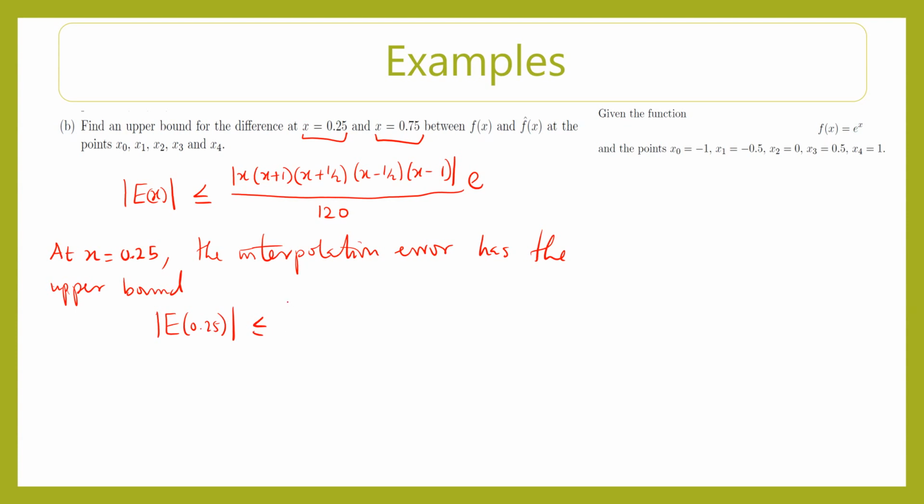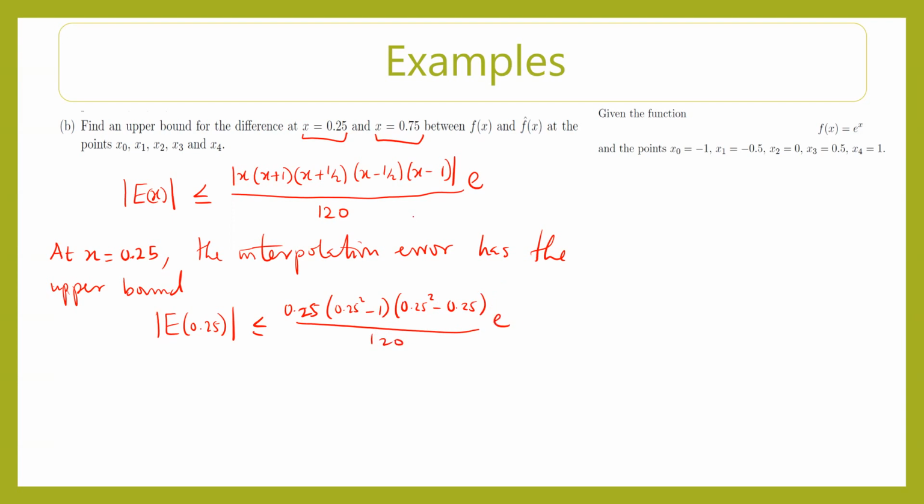Less or equal to 0.25 times 0.25 squared minus 1, 0.25 squared minus 0.25, divided by 120 times e.